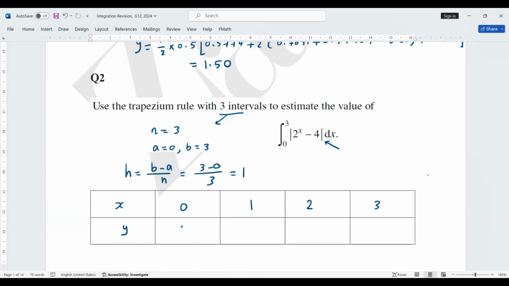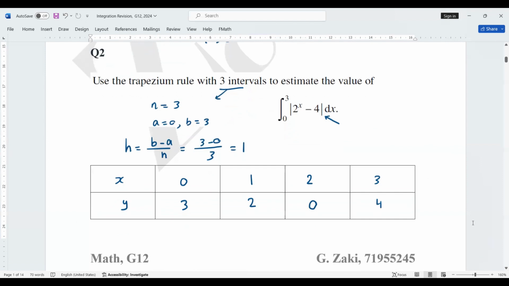Taking absolute value, it's positive 3. 2 to the power of 1 minus 4: negative 2, absolute value is 2. 2 to the power of 2 minus 4 is 0. 2 to the power of 3 minus 4, the answer is 4.